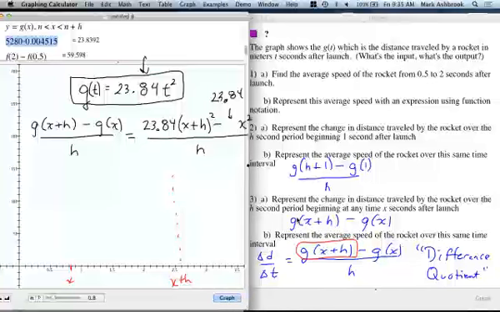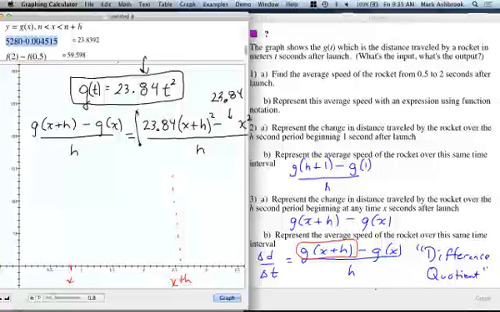Right. So we're rewriting the difference quotient now using the rule for g. So this means something, right? If we know the rule for g, what does it mean? It means take that input and square it and multiply by 23.84. There we did it. And this means take x and square it and multiply it by 23.84.